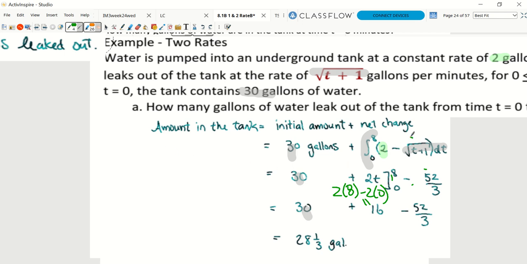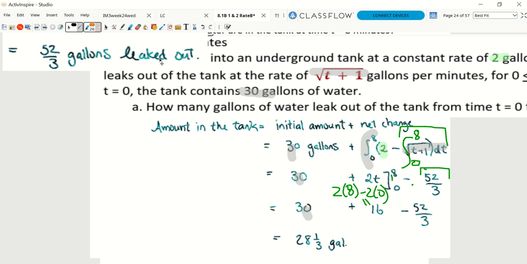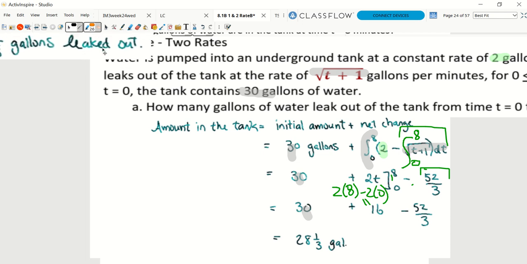You can separate this integral and put an 8 and a 0. And we actually already calculated this from the previous slide, 52 over 3. If you look here, 52 over 3, peekaboo, I see you. So now you know where the 52 over 3 came from, right?